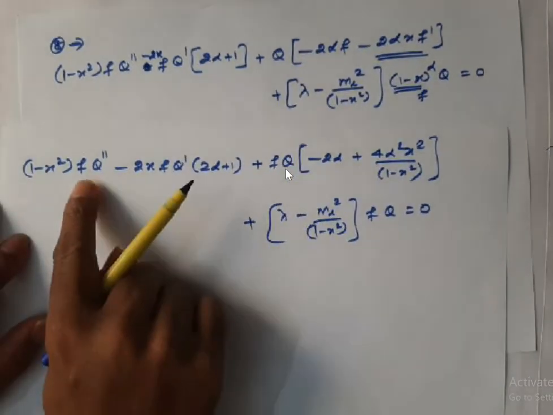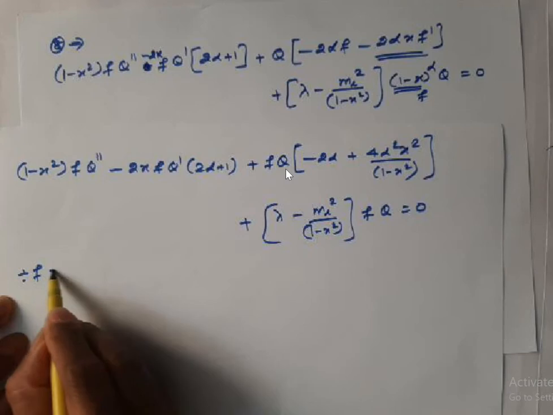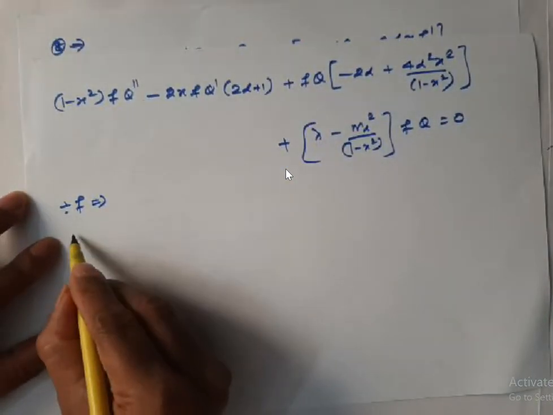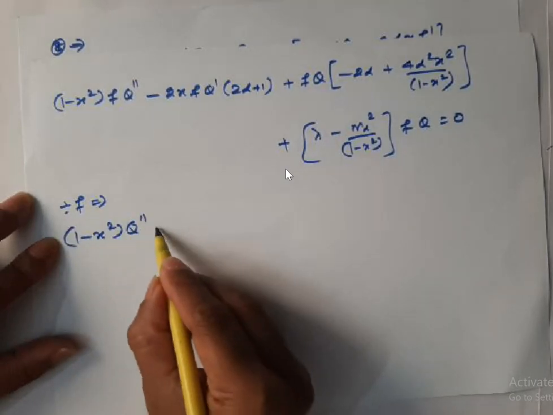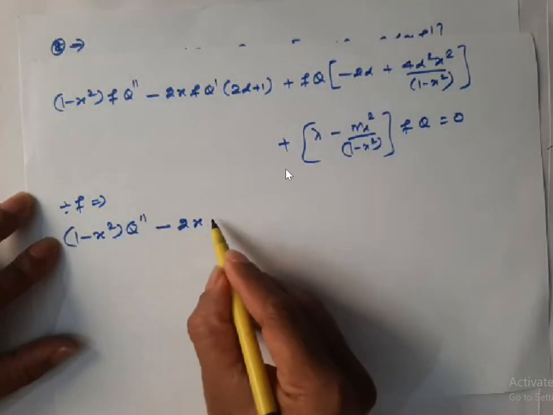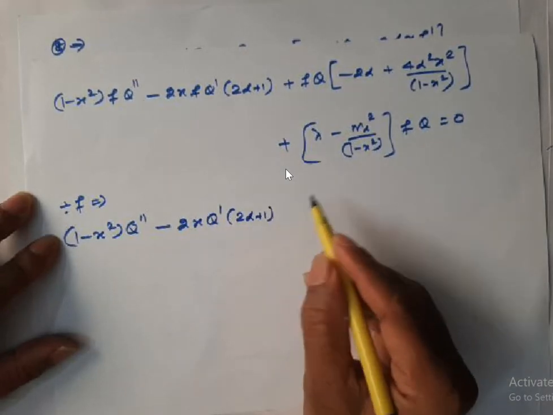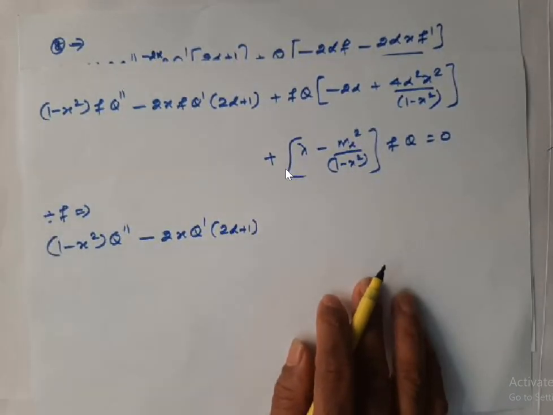Now see, we have f in all these terms, so you can divide throughout by f, so that you can remove f there. So you'll get 1 minus x square into q double prime minus 2x q prime into 2 alpha plus 1. Now I'm going to make some more simplification here.